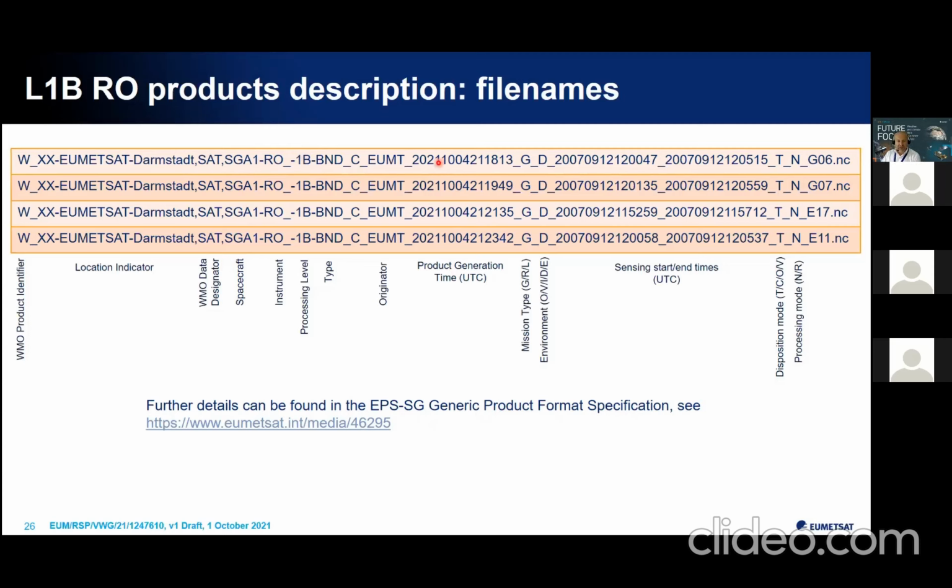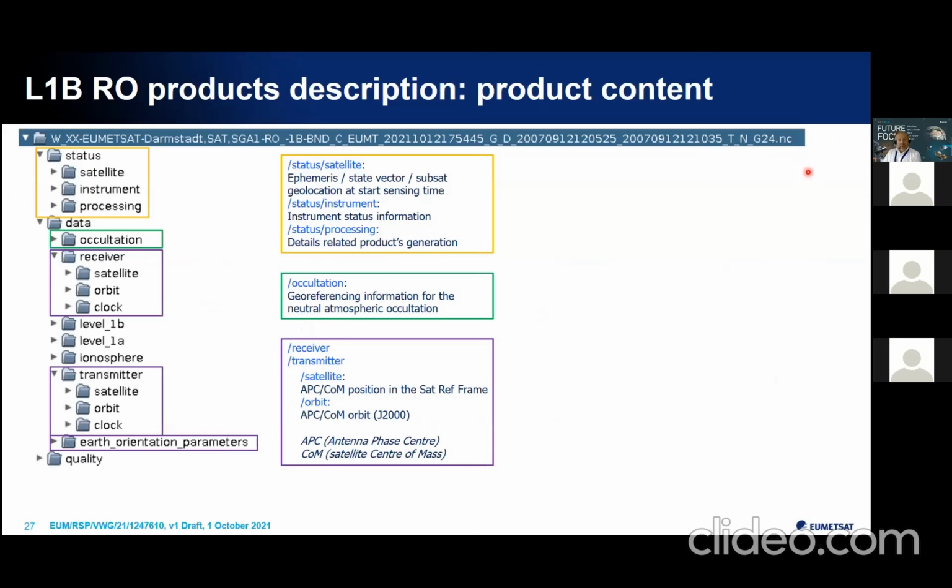Then we have also the product generation time, the start and the end of the sensing of the occultation, and the information about the satellite which is transmitting the occulting signal. Inside the product, we have a lot of information. For example, we have the status group, which provides status information on the satellite, on the instrument, and on the processing. But then the most important part is what is included in the data section.